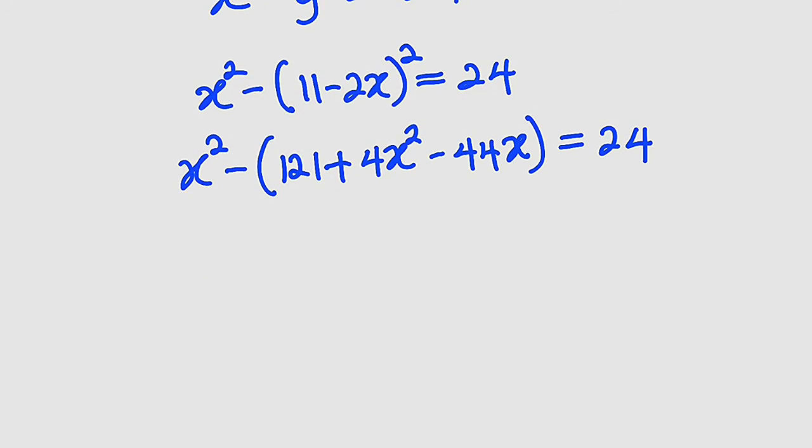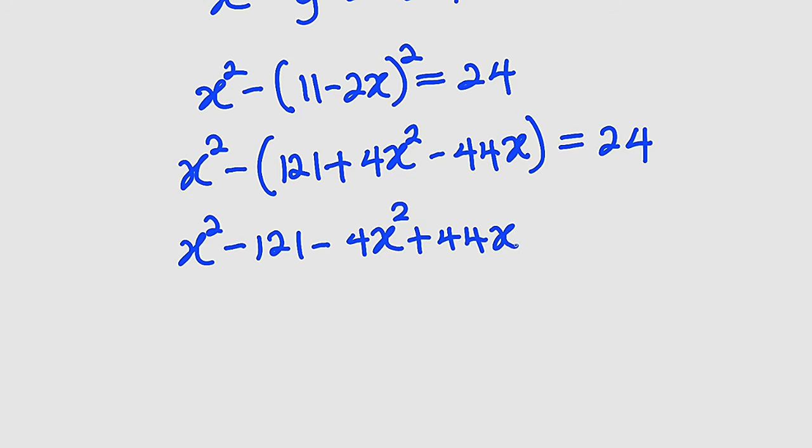Let us expand the bracket. We are going to distribute this negative sign and all signs will change. So x squared minus 121 minus 4x squared, then plus 44x. Let me bring the other term to the left, minus 24.